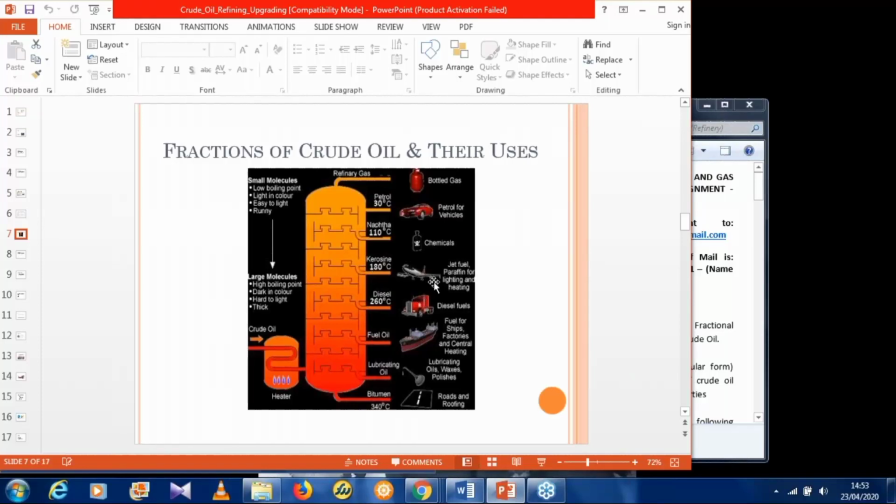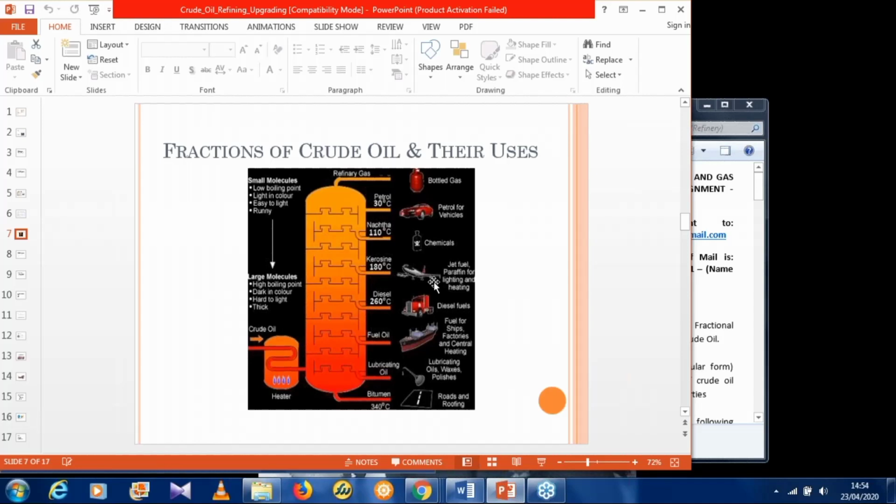Kerosene is used for fuel. We have two types. We have DPK, that's the dual purpose kerosene, which is for two uses rather. We have the one that is used for cooking in our stoves and the rest. And we also have the one that is used for flying aircraft.